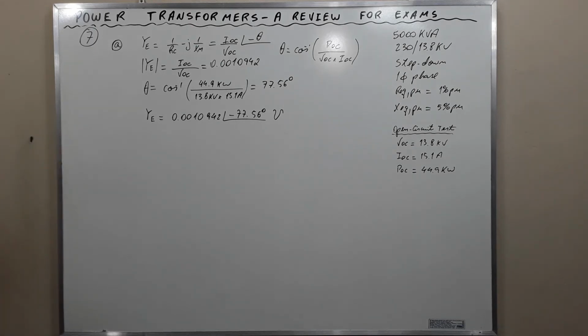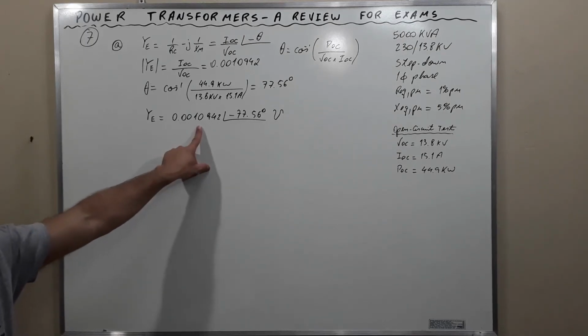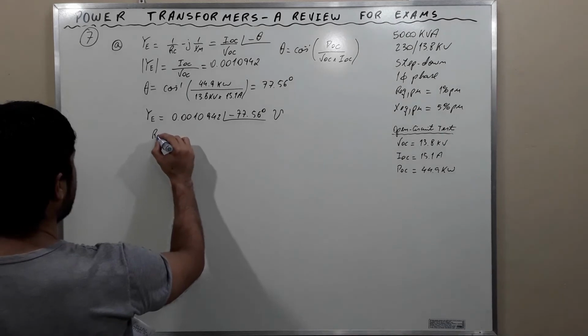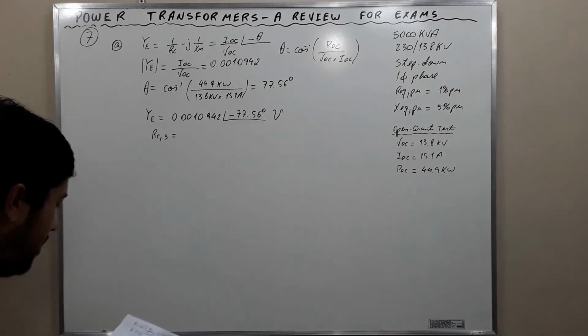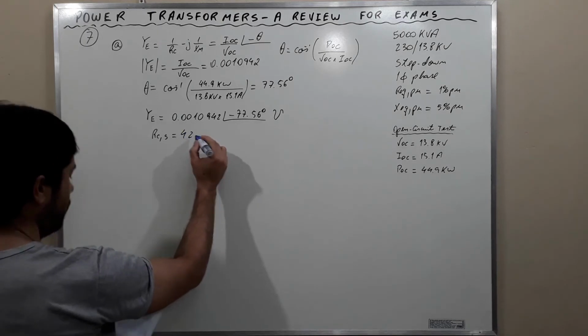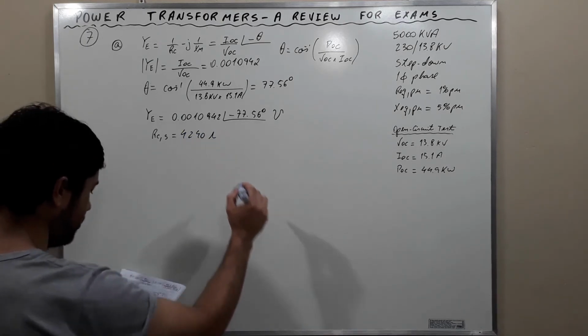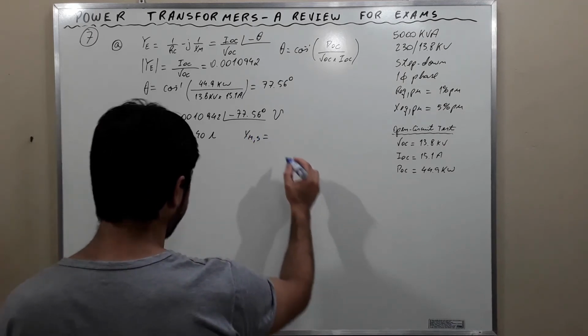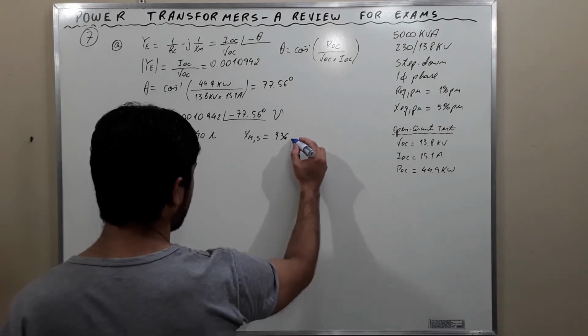Or mho if you prefer, which is the inverse of ohm. Converting this polar form to Cartesian, we find that RC referred to the secondary side is 4,240 ohms, and the XM referred to the secondary side is 936 ohms.